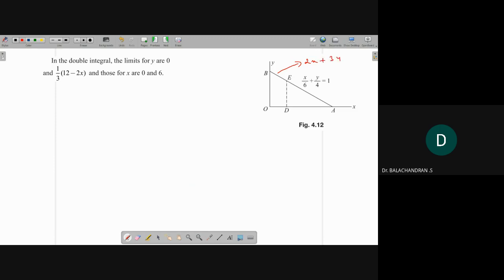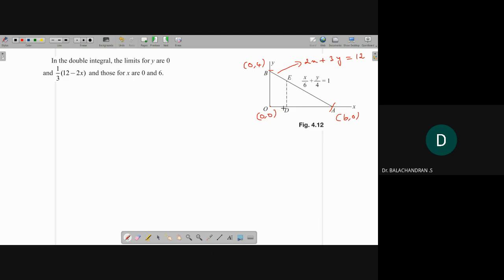If you divide by 12, you will get x by 6 plus y by 4 equal to 1, which is of the form x by a plus y by b equal to 1. Point A is when y is 0, x is 6, so 6 comma 0. This point is when x is 0, so 0 comma 4. This is the origin, 0 comma 0.